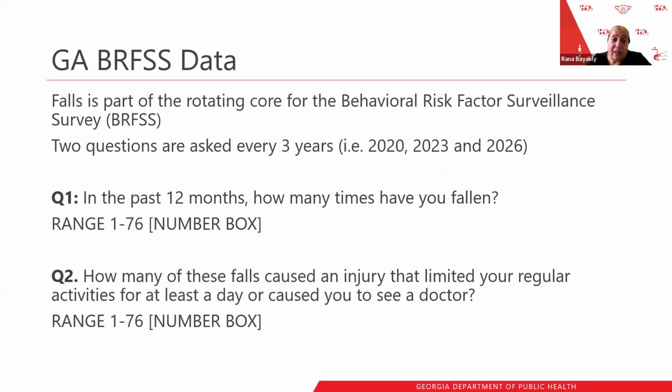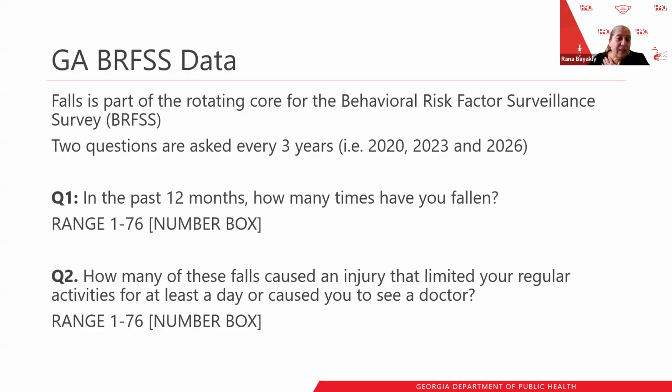It is a collaborative with CDC. And the fall question is part of the core questions, and it is rotated every 3 years. So that's why you see it in 2020, 2023, and it is currently run in 2026, and then later will be in 2030.